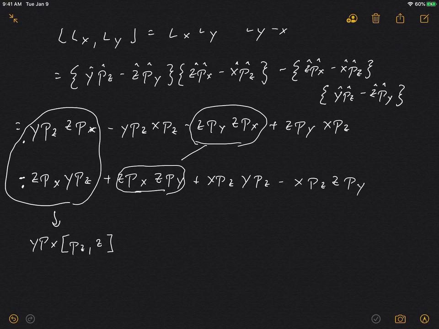So we have two factors of z, and the z's commute with themselves. px and py commute with z. And so these cancel. So this is going to give us 0.